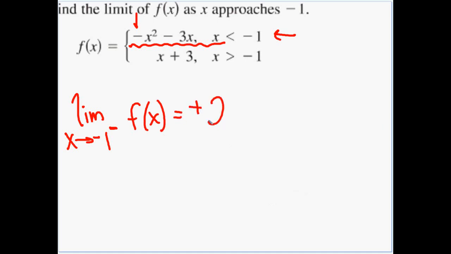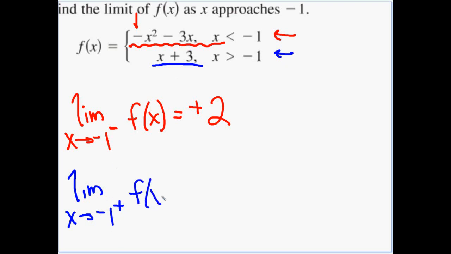So now for the other side, for numbers greater than -1, I'm going to use this bottom piece. But again, we're just going to directly sub in that -1. So as we approach -1 from the plus side of our function f of x, that's just going to be x plus 3, or -1 plus 3. -1 plus 3 is +2.